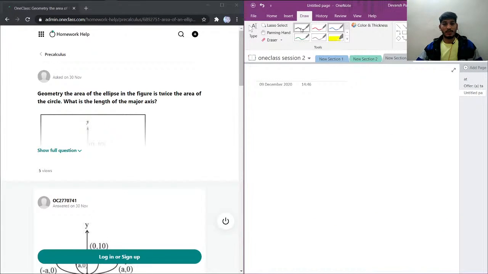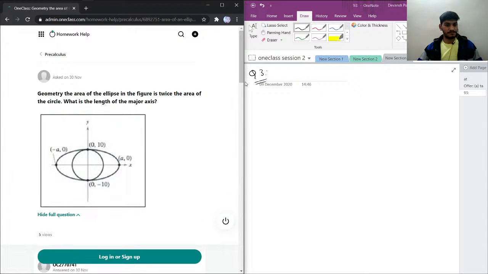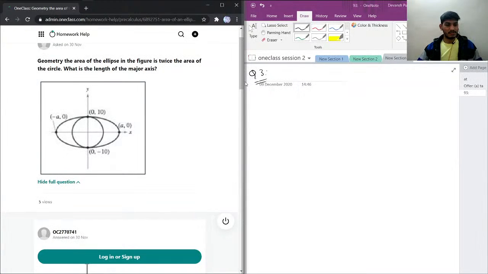Now we move towards question number 3. The area of the ellipse in the figure is twice the area of the circle. What is the length of the major axis? So my major axis is this x-axis, which is from negative a to positive a, or basically 2a, and we have a circle given in this question.